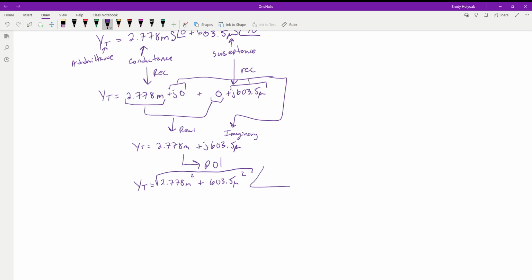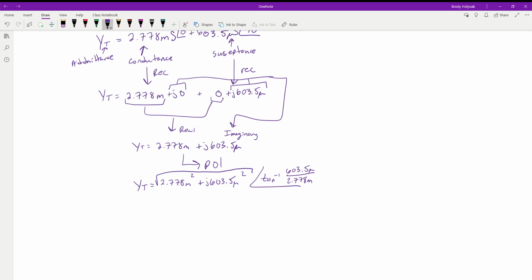And then for the angle, remember, we're going to take the arctangent of 603.5 micro divided by the 2.778 milli. Now remember, the top part of this is positive because this value over here is positive, and this is also j. When we flip everything back around, yes, it's going to be negative, but that's because we're taking the inverses of everything. It's going to flip all this for us.